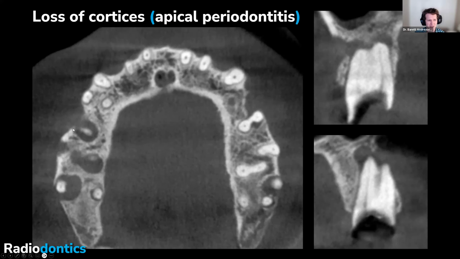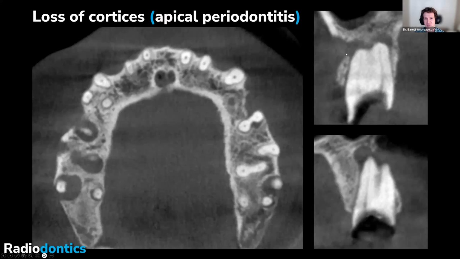You have the little bump on the gums, and this is what those look like radiographically. You have that infection originating from the root apex, and as that continues to grow, it can erode away that adjacent buccal cortex. You can see this patient has a lot of infection present here, so you have quite a few areas where this cortex has been lost.